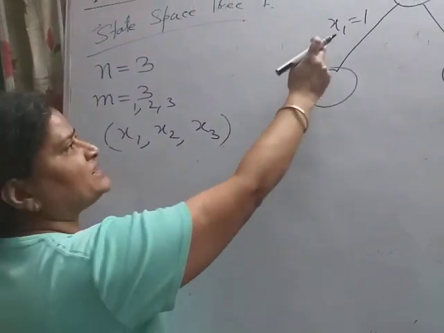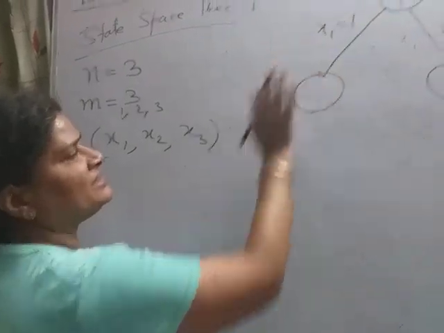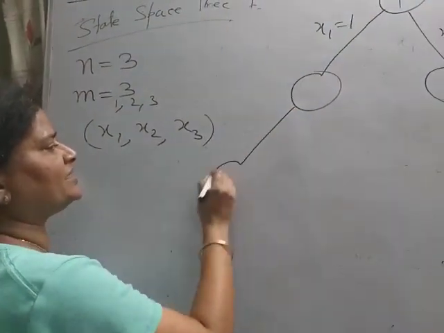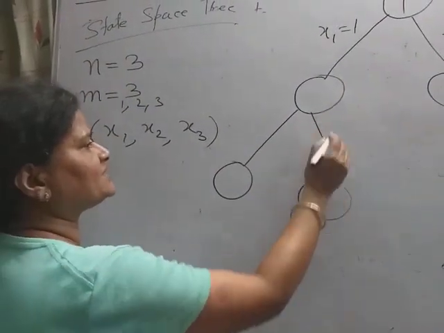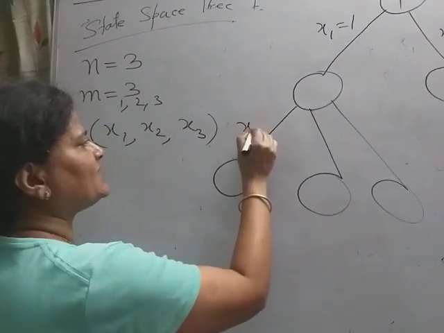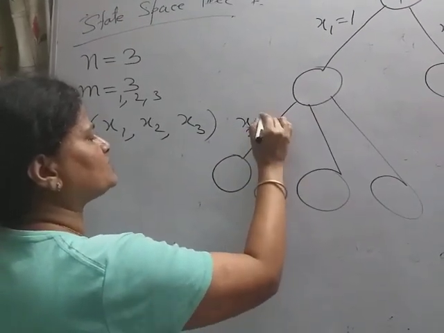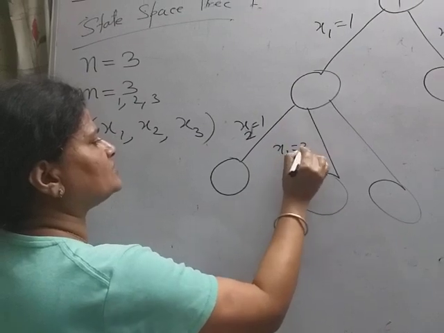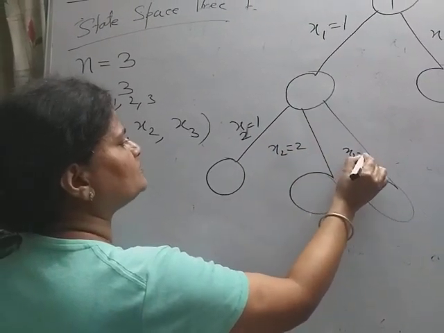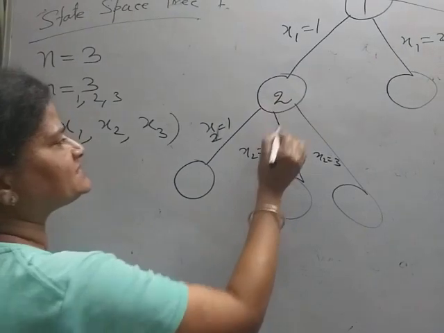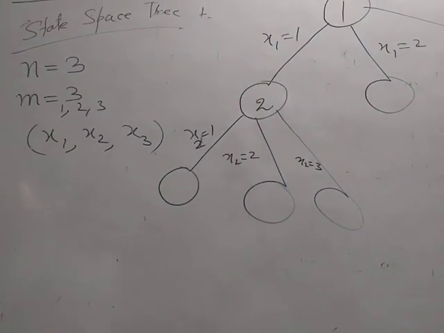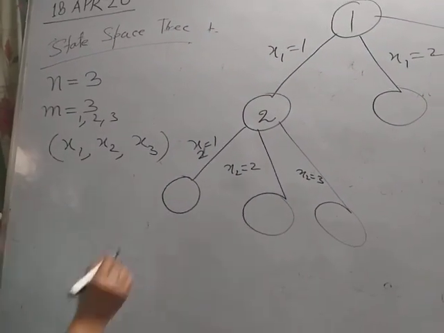Suppose the first vertex is colored with the first color. Again for the second vertex there are 3 options: x2 equal to 1, x2 equal to 2, x2 equal to 3. I number the vertices in the depth first manner, 2, 3.